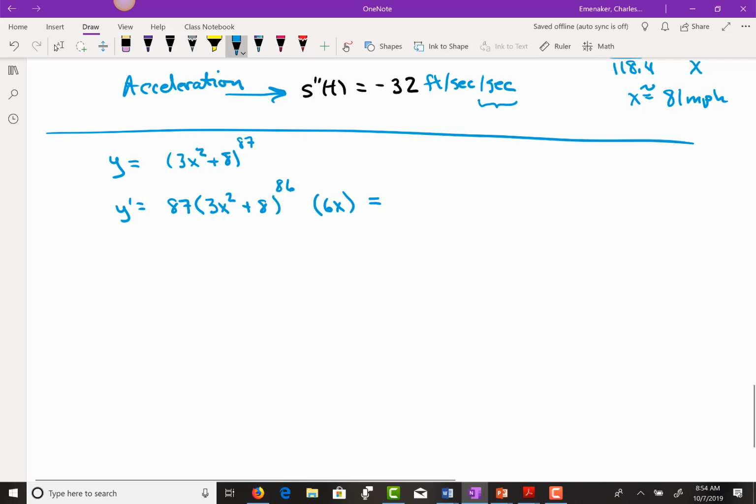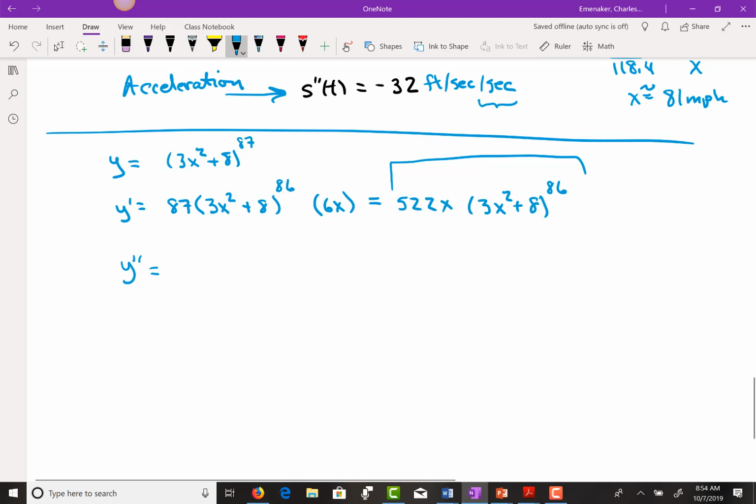Can clean this up a little bit. 6 times 87 is going to give us 522. x times this (3x squared plus 8) to the 86th power. When you need the second derivative, what property or rule do you need to apply to this to get the second derivative?